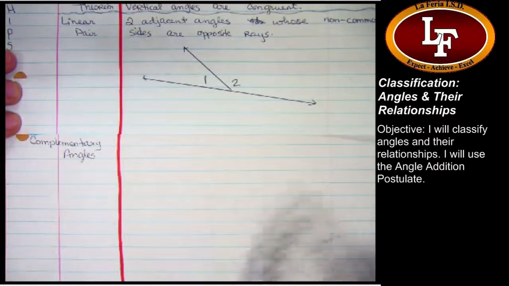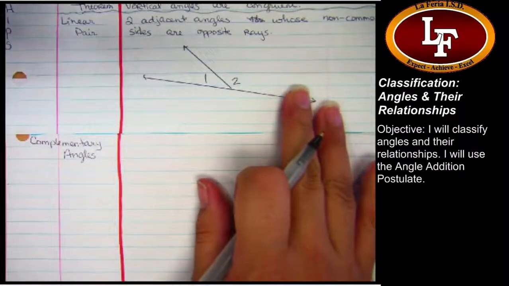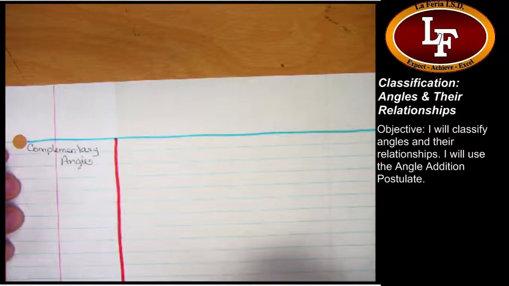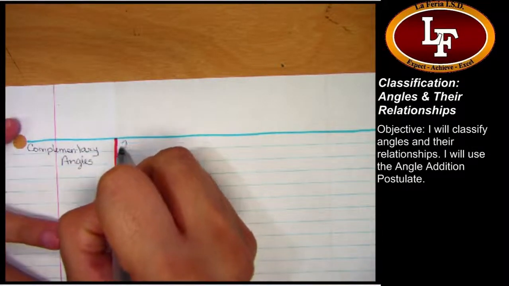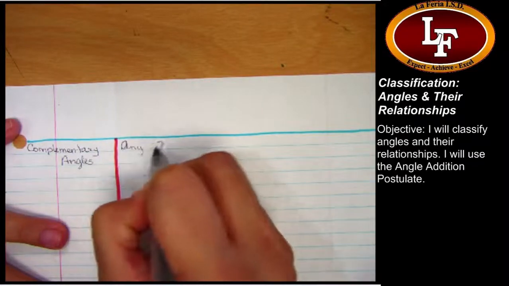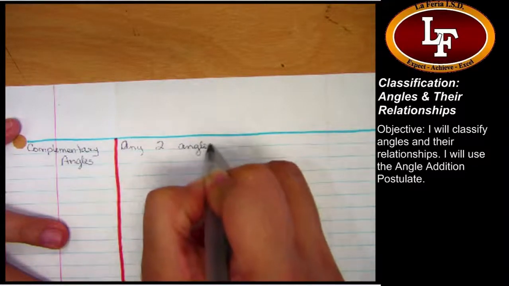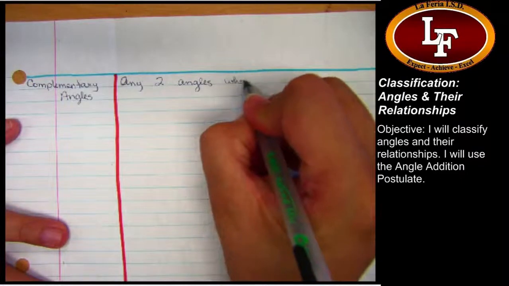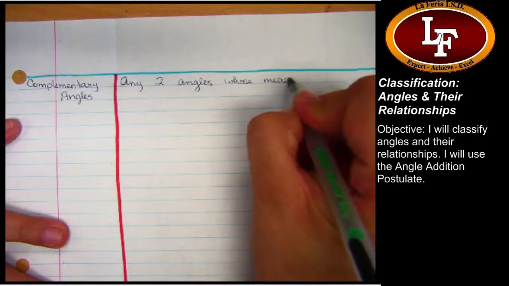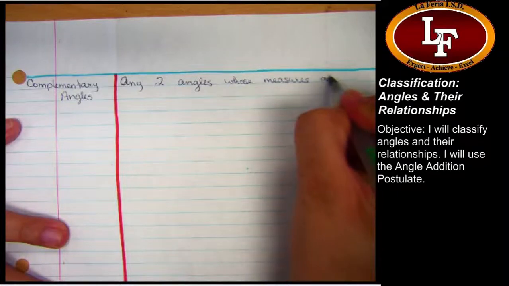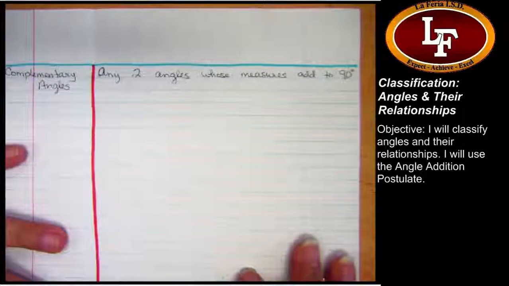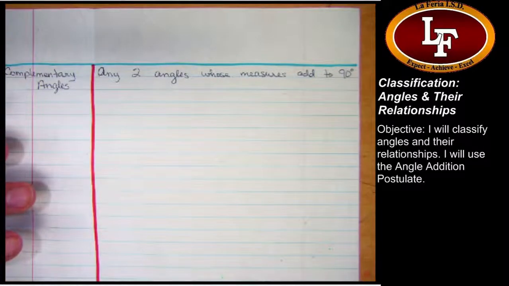And so complementary angles are angles that go together so well that they form a right angle. So these are any two angles. I don't care where they are, but these are any two angles whose measures add to 90 degrees.